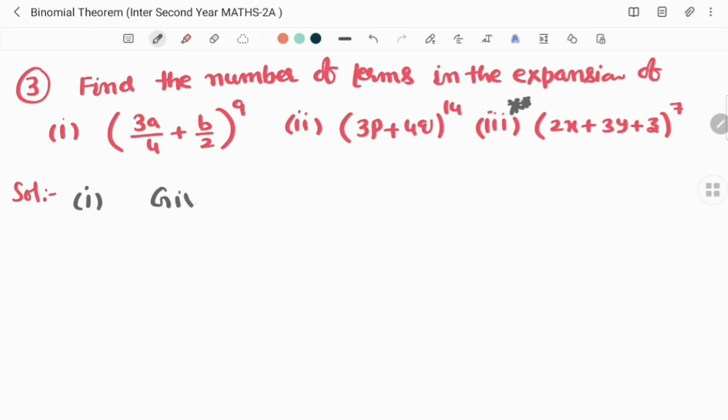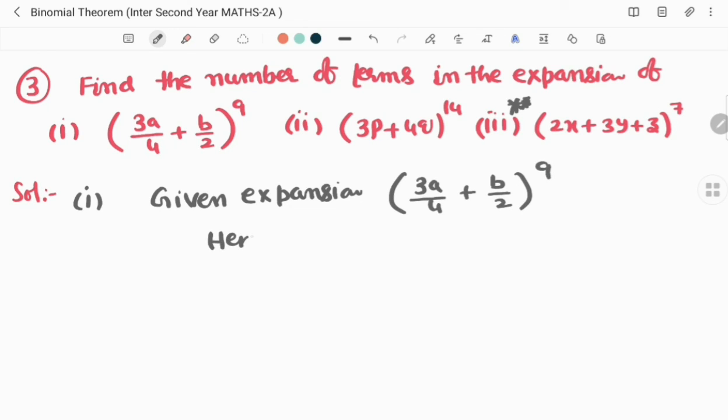Given expansion, (3a by 4 plus b by 2) whole power n. Here n is equal to 9.